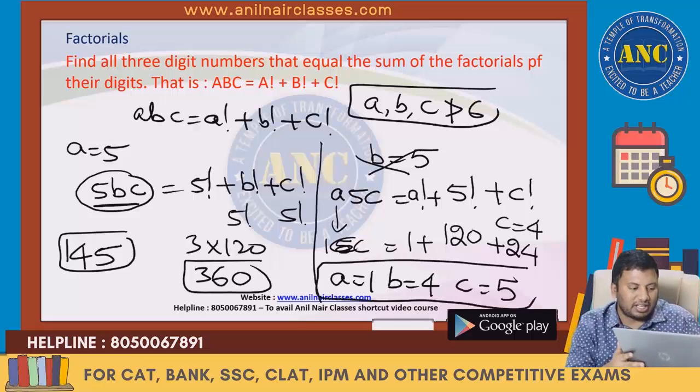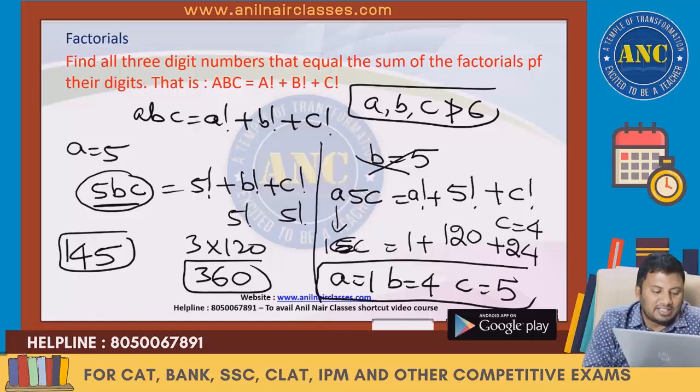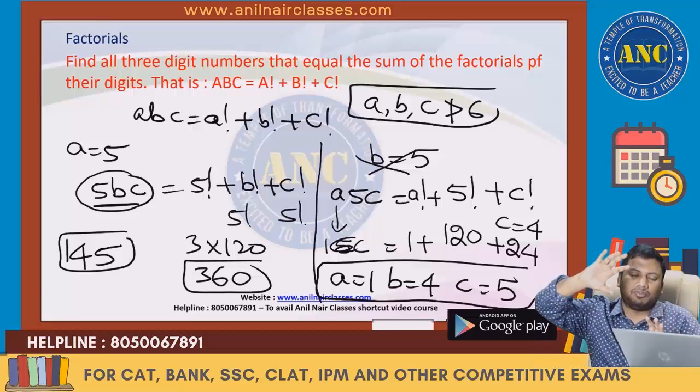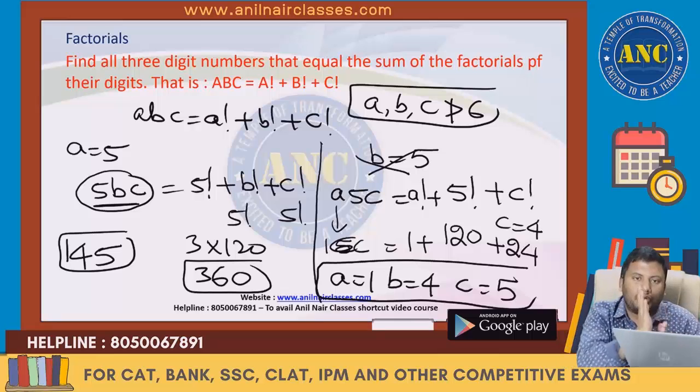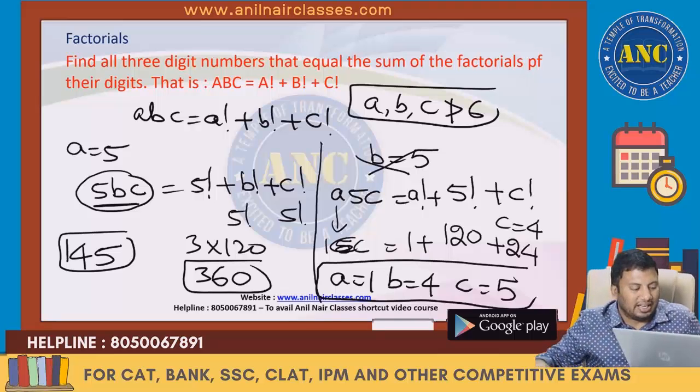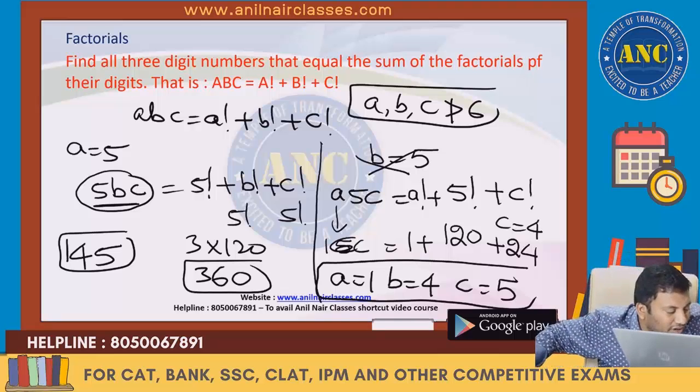Just I am checking the ranges, sir. If A is 5, it is not possible. If B is 5, I get 1 plus 120, 150 I am not getting, but I am getting 144, 145. So B5 I shifted to C5, C4 I shifted to B4 to get the answer. Answer is 145.